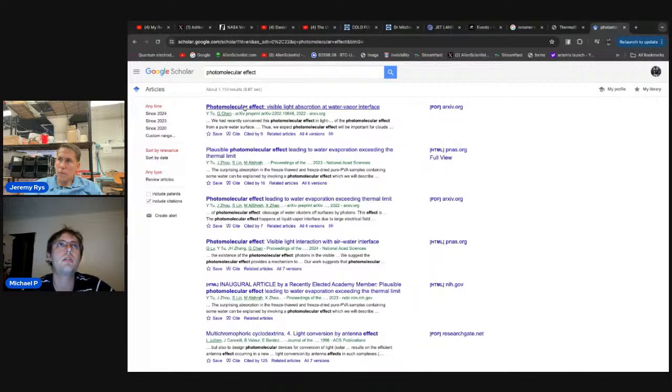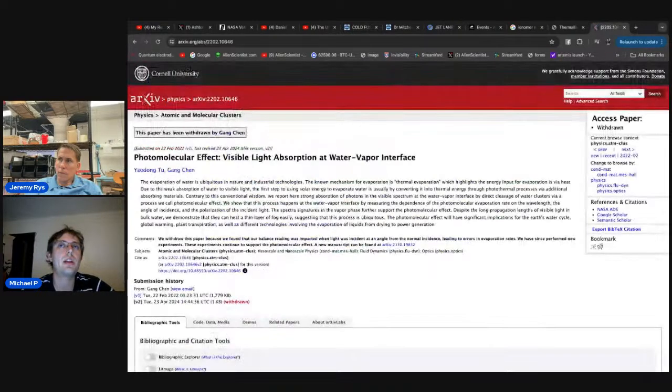If you have a metal with an electron gas, then photons can hit that electron gas, and they can cause an electron to come off of the metal surface. Ooh, the paper was withdrawn. Oh no, already? Huh. Well, this one's 23 April 2024. That's weird. But there's a bunch of other papers about it too now.